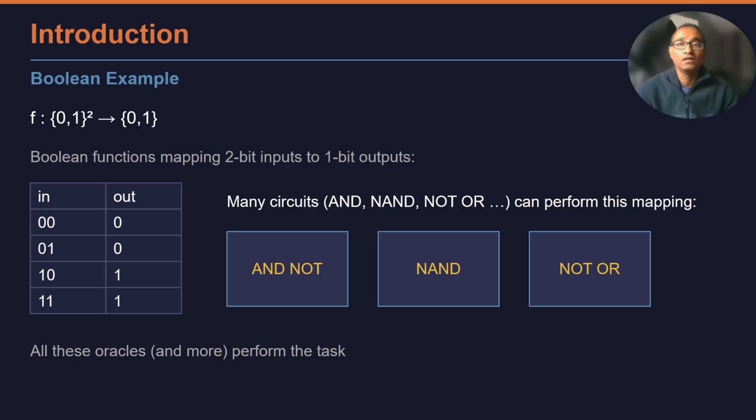So in a nutshell, the concept of an oracle is to hide the implementation. You do not worry about what's inside the black box. You only care about how the input is getting mapped to the output.